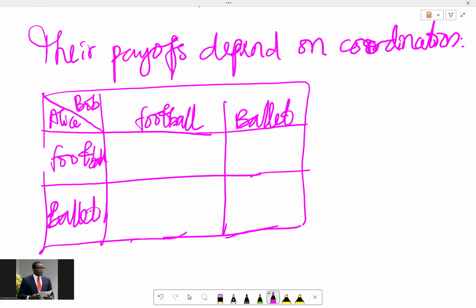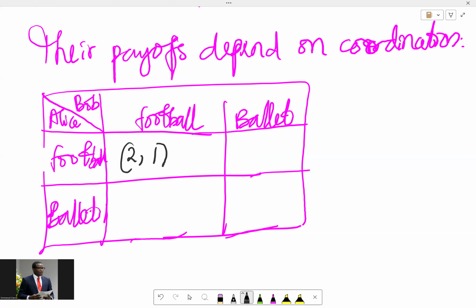Now, see what happens if Alice chooses football. If both Alice and Bob choose football, the payoff for Alice is two, and the payoff for Bob is one.